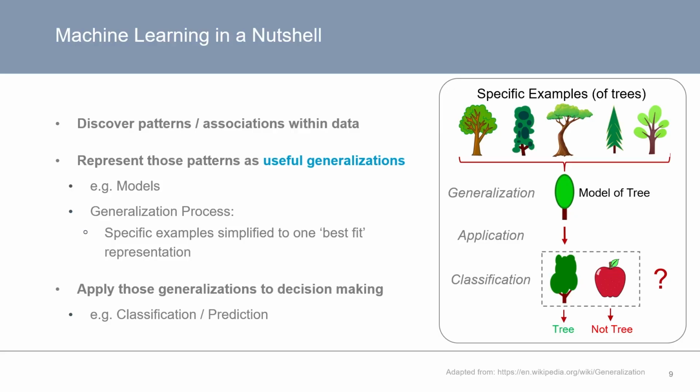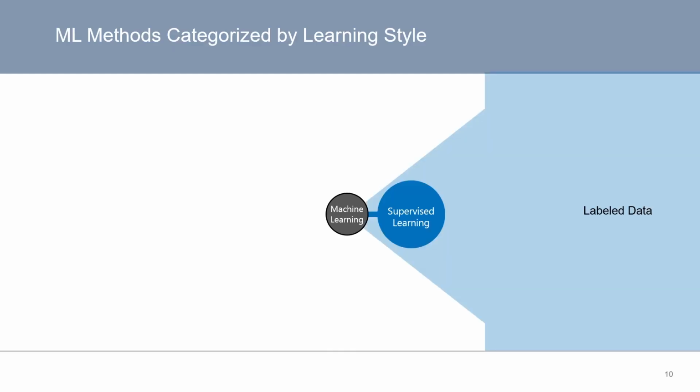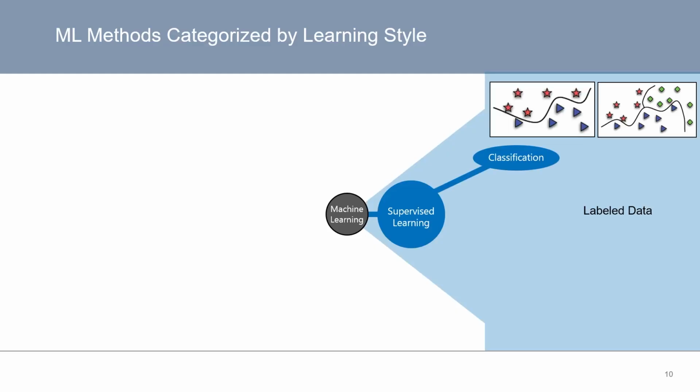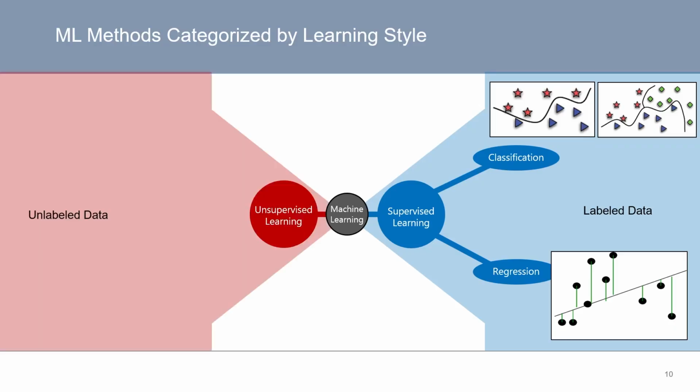There are many possible approaches to machine learning that initially we can categorize by learning style. The first category is supervised learning, that involves learning on labeled data. This can include classification tasks seeking to predict membership in two or more classes or categories, or regression, seeking to predict a quantitative value. Another category is unsupervised learning, that involves learning on unlabeled data.